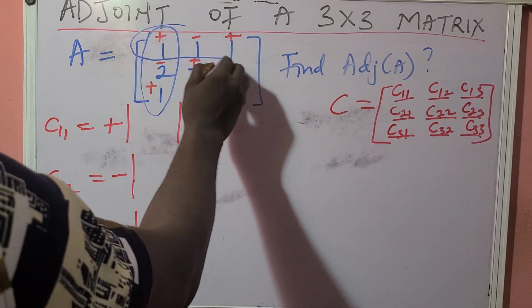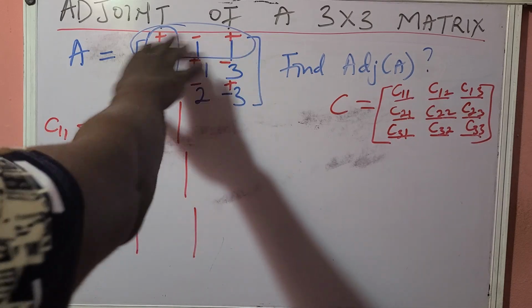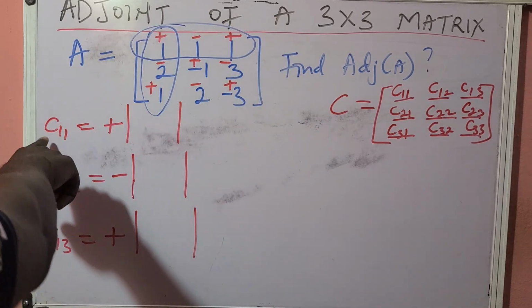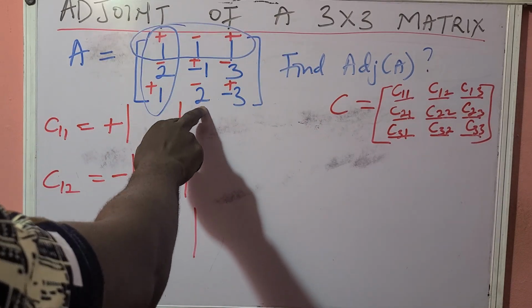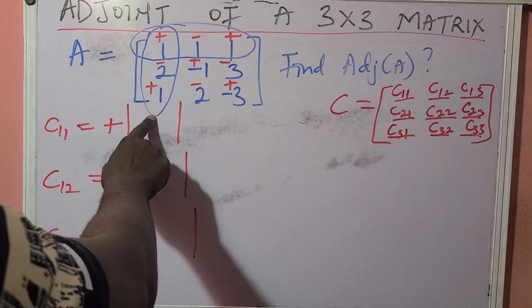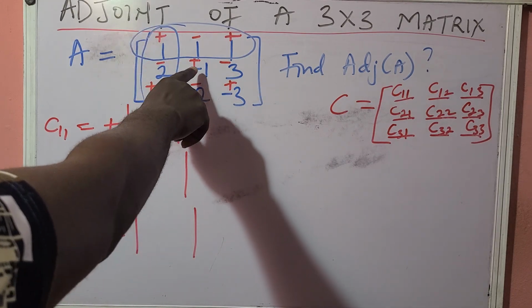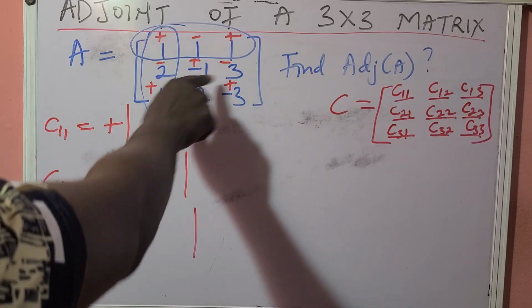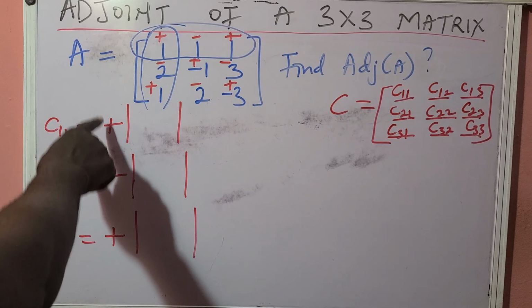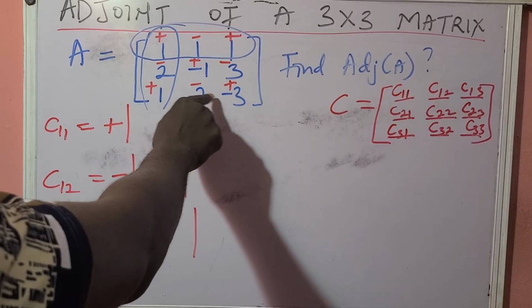So you will shut off this whole element, C11, and you will bring out the resultant matrix. Whatever is left is what you'll be filling inside here. The sign that we attached on top is only for this purpose, so all you pick is the elements that were left.